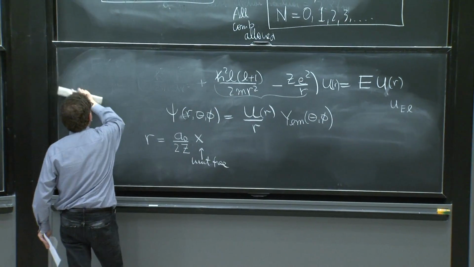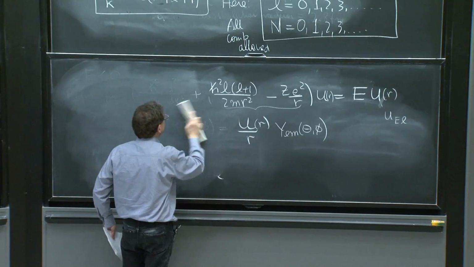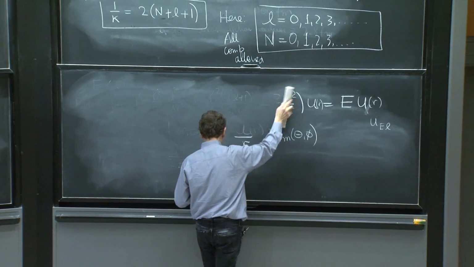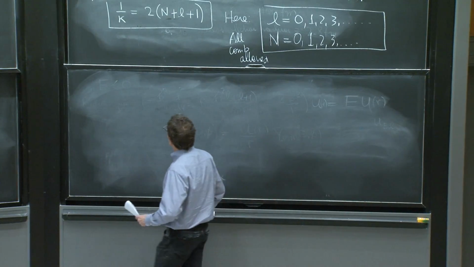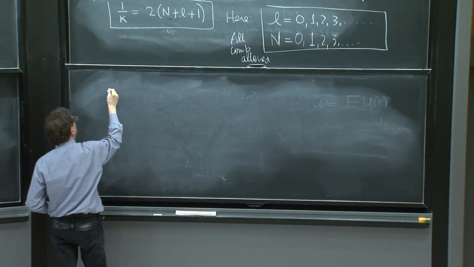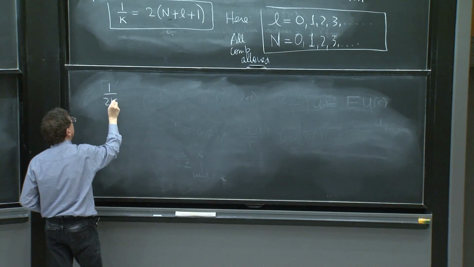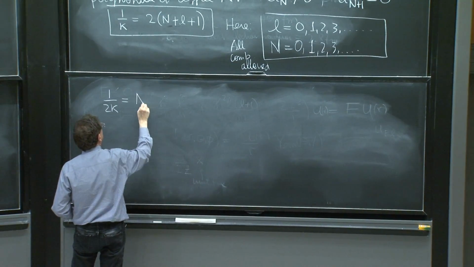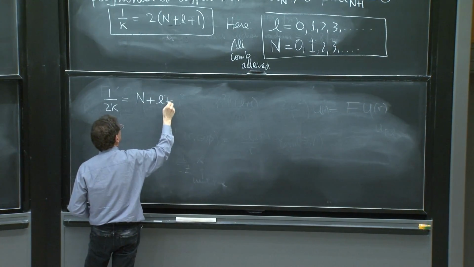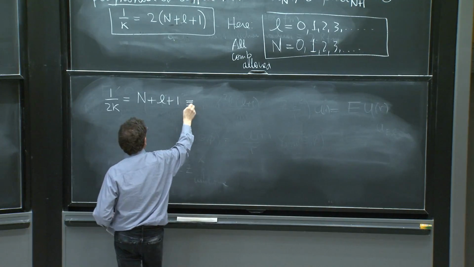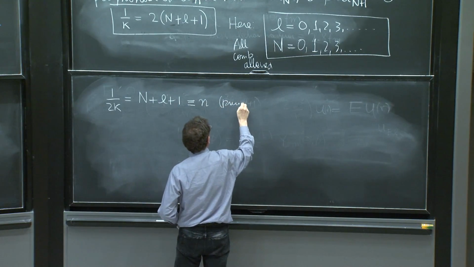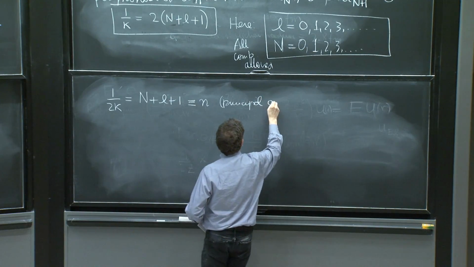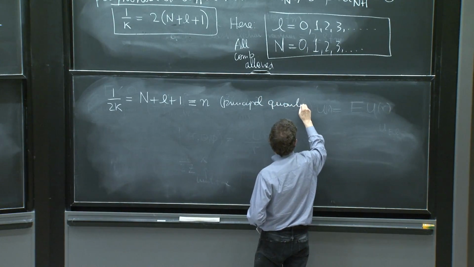And let's define a slightly better version of this thing. So let's move the 2 down: 1 over 2 kappa is N plus L plus 1. And let's call all this N, the principal quantum number.